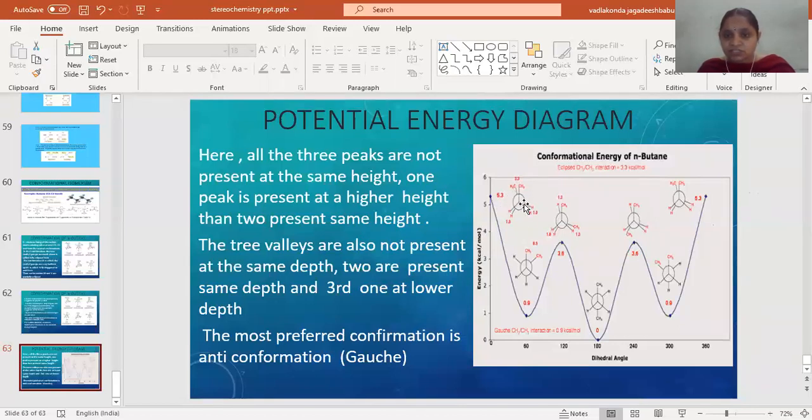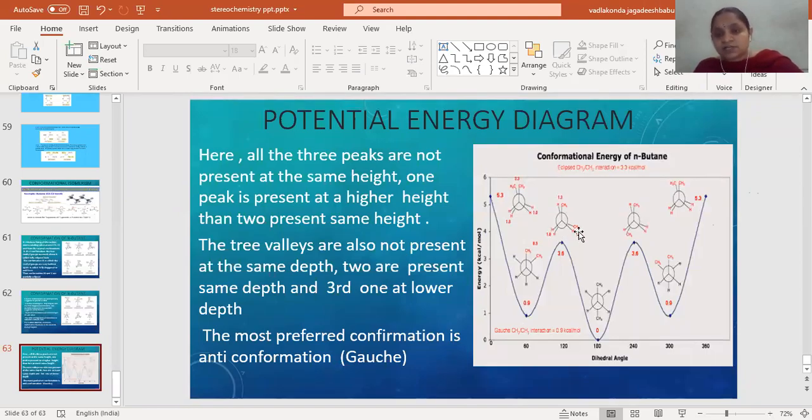And when we rotate the front carbon groups by 60 degrees, fixing the back carbon groups, what will happen? We will get the gauche form, which has lower energy than the eclipsed form. Again, if this form is rotated by one more 60 degrees, we will get the third form.